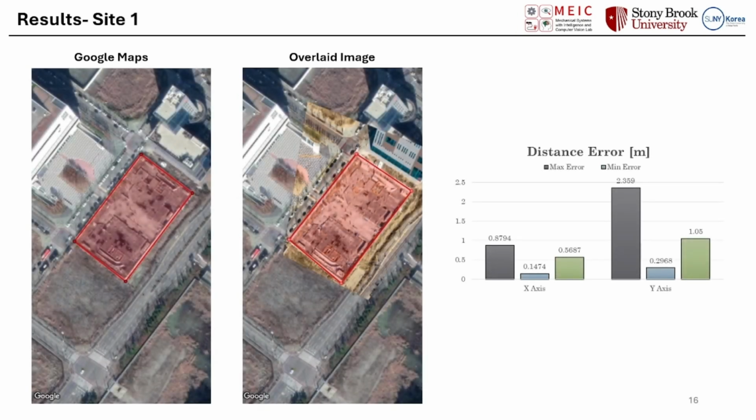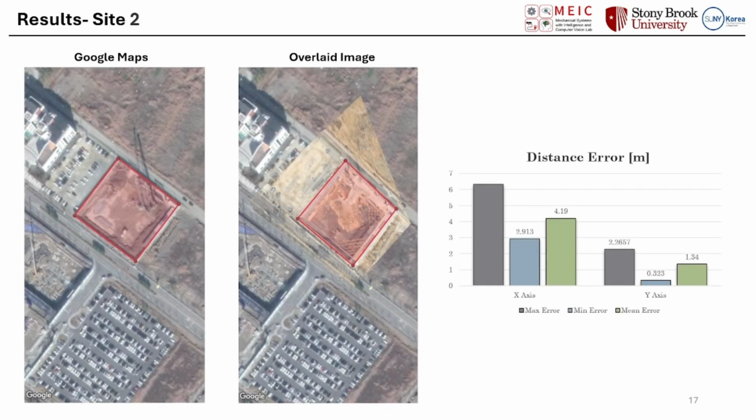For the second site, we also have distortion under 10%, and we have a mean error of 1 meter again. Finally, for our third site, we do have an increase of error for our area distortion and corner selection. However, this can be due to multiple issues such as the selection of the corners done by the user.